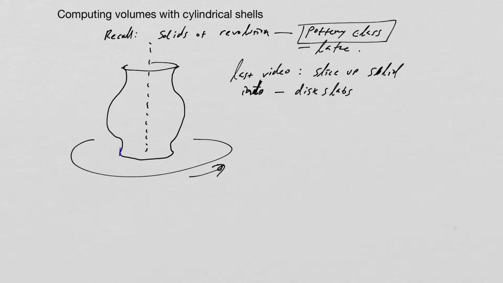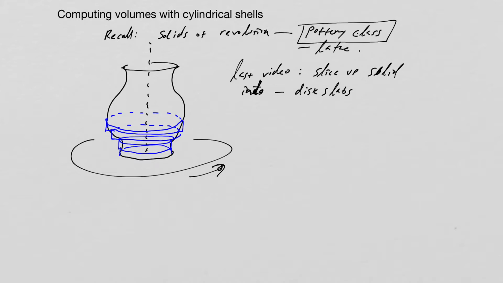So we can write it like this, and each slab goes like that. Of course, as the vase gets broader and broader, our little discs get wider and wider.